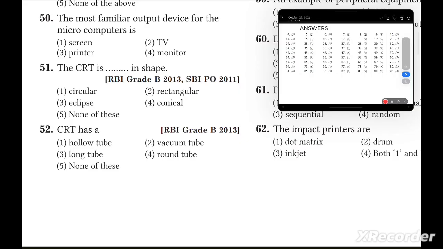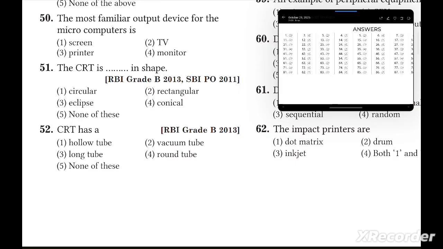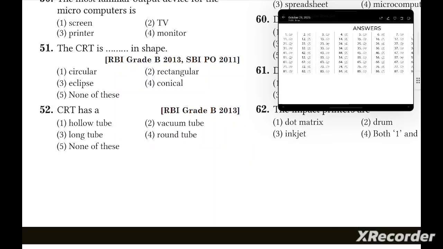The correct answer is second rectangular. Next, CRT has a first hollow tube, second vacuum tube, third long tube, fourth round tube, fifth none of these. The correct answer is second vacuum tube.